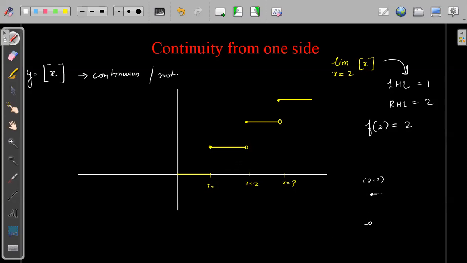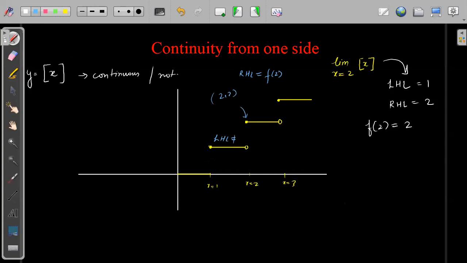If I look at the graph only, on the right hand side this is (2, 2), so the function is taking value 2. The right hand limit and the value of the function at 2 are the same. But the left hand limit is not equal to the function value.